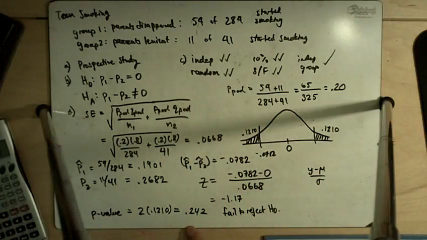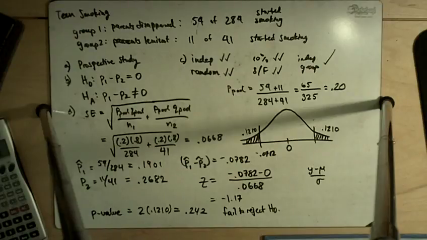So we would observe that just by random chance. So it's not that unusual to observe such a difference just by random chance. So we do not reject the null hypothesis. We say, okay, well, we don't have enough evidence to say that there really is a difference.